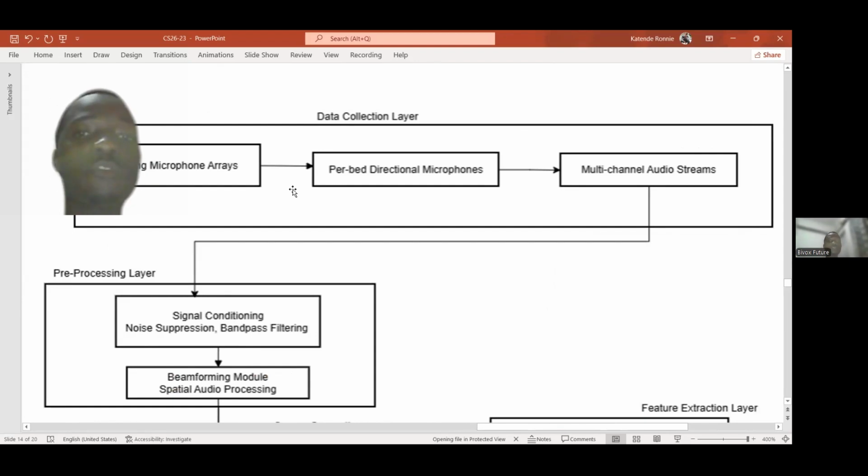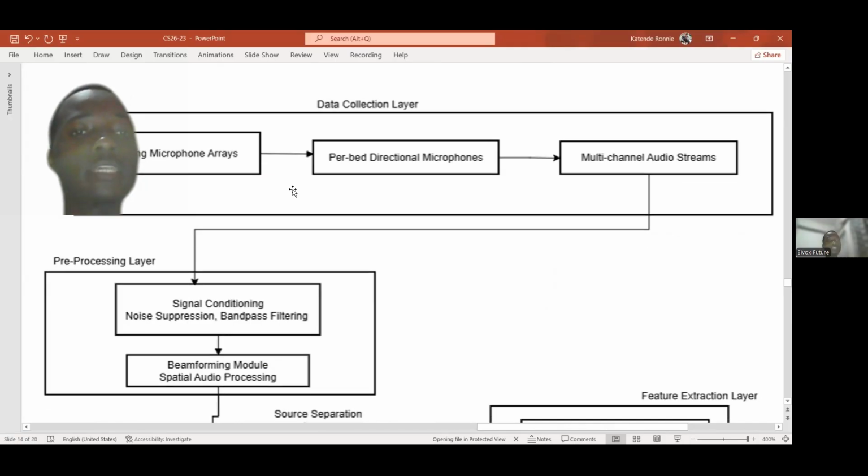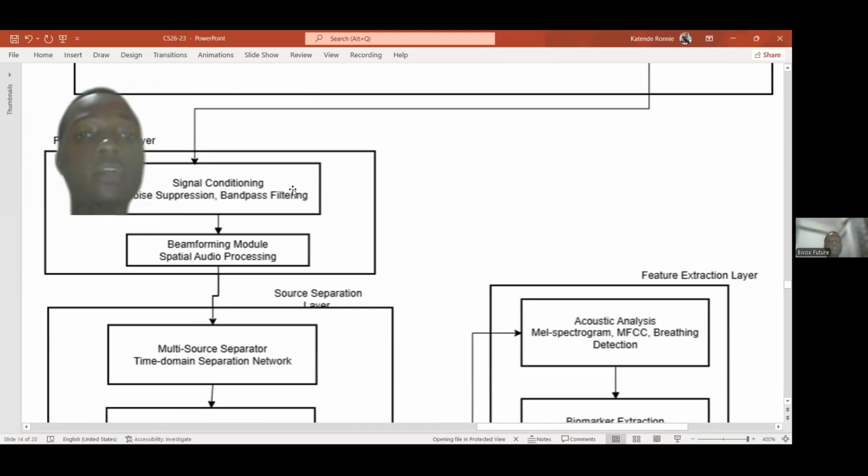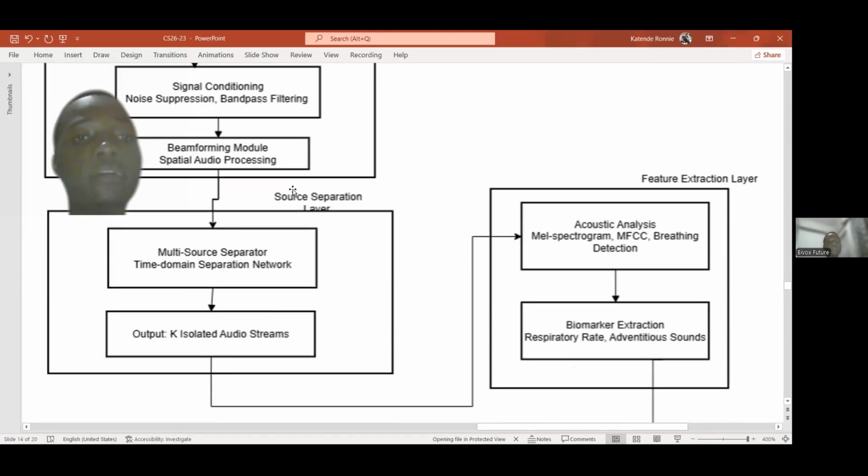Multiple channel audio streams. Since we had Hugging Face, it was able to collect that data from Hugging Face. Then it went further to the pre-processing layer, in terms of noise suppression and band pass filtering, like filtering all the band passes and suppressing the background noise. Then the source separation layer.